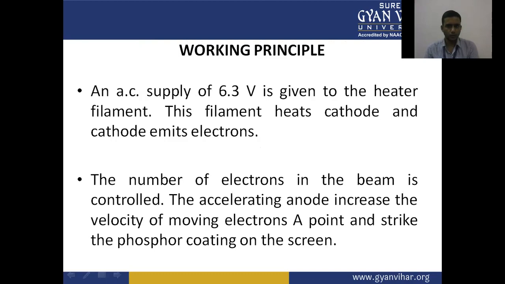The number of electrons in the beam is controlled by the controlling devices. The accelerating anode increases the velocity of the moving electrons. They strike the phosphor coating on the screen.